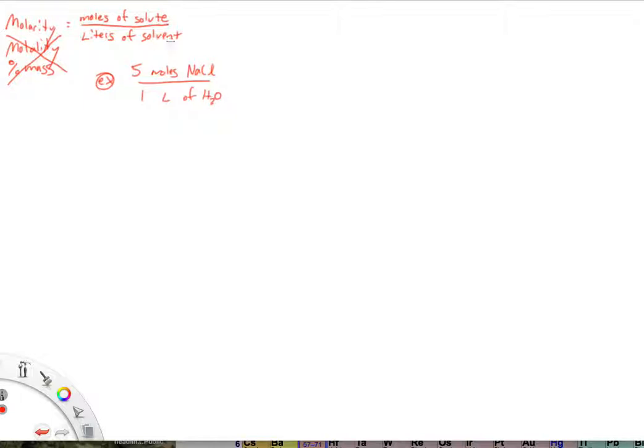Oftentimes, water is the solvent. It's almost always the solvent. We often just say liters. We don't even say it's water. We just assume it's water. Compare that versus 15 moles of NaCl in 1 liter of water.